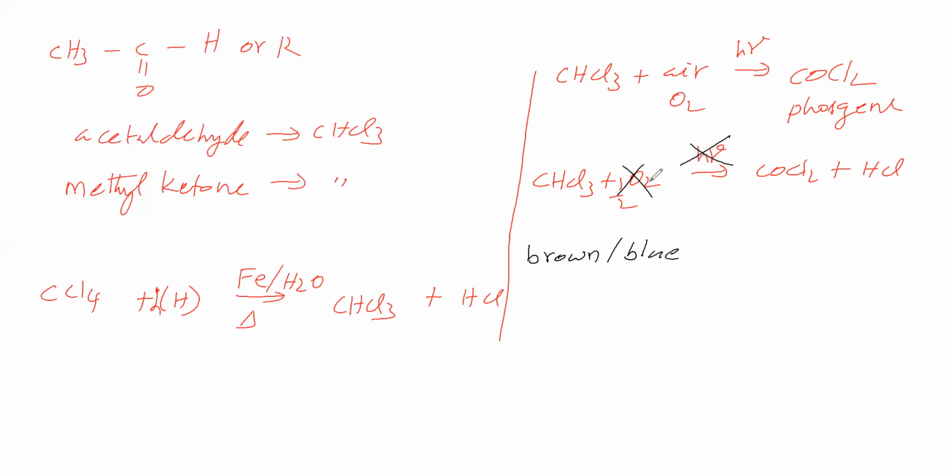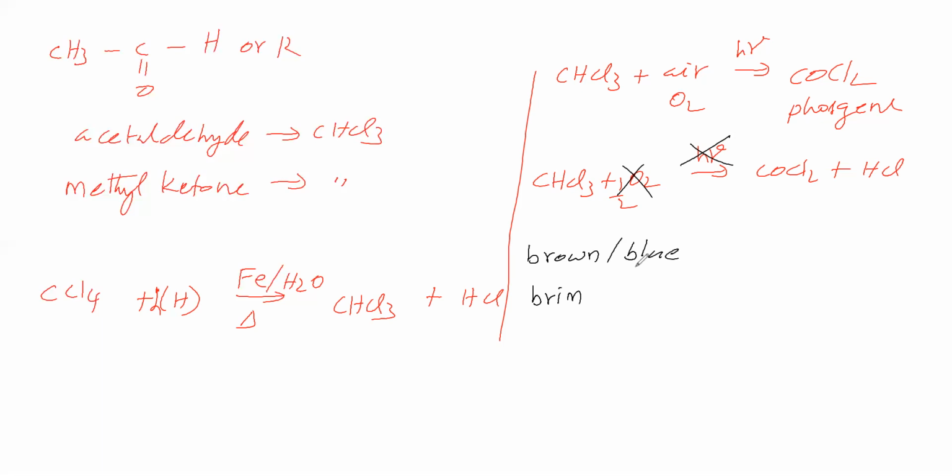Another thing is that oxygen should not be there. Therefore, fill the chloroform in the bottle up to the brim without gap. Fill the chloroform in this bottle up to the brim, in the sense fully filled with chloroform. There is no gap in the bottle, so the presence of air can also be prevented to a large extent.